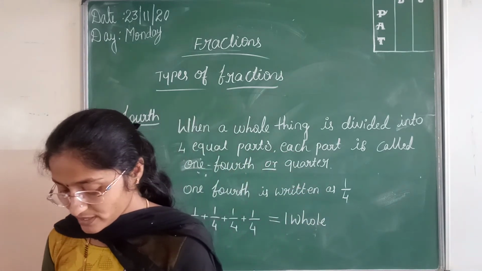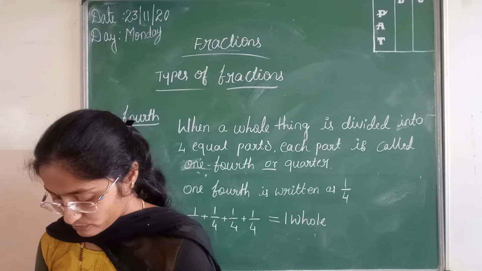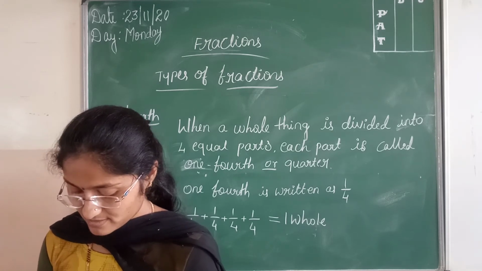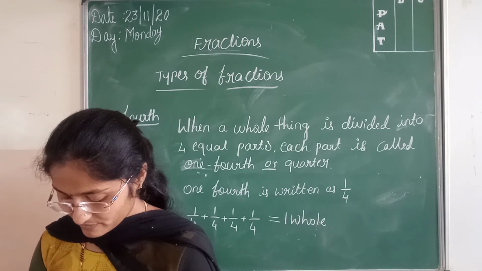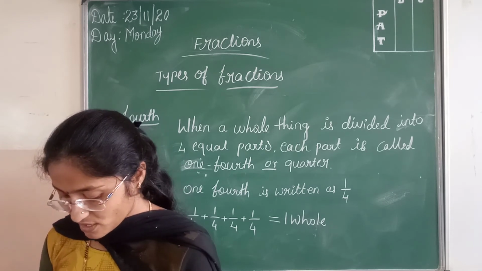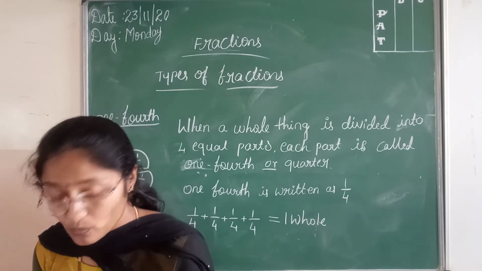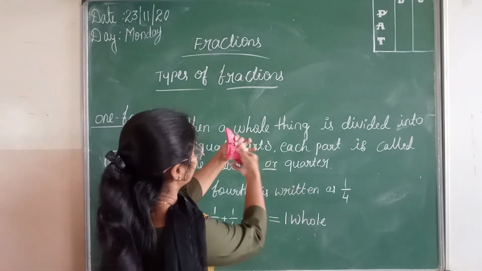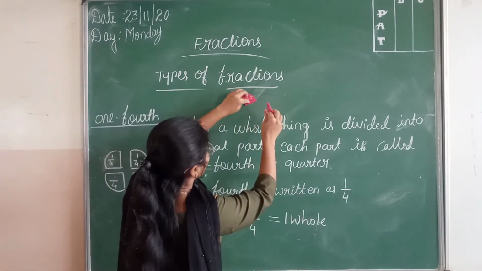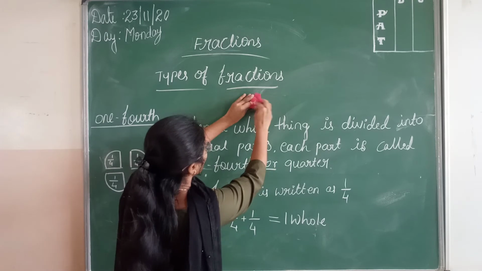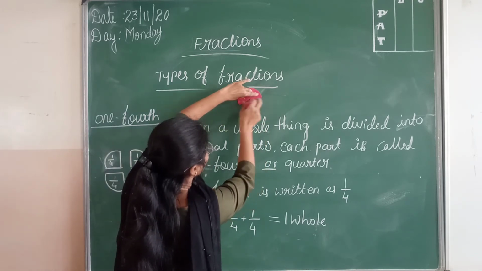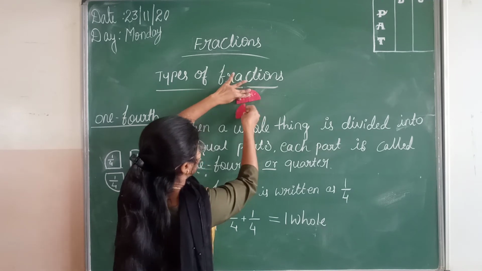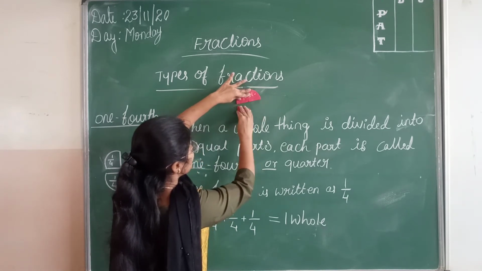So when I join all these 1/4 pieces, we will get 1 whole. See, this is the 1/4 of 1 whole, and this is another part of it, and this is another part of it.